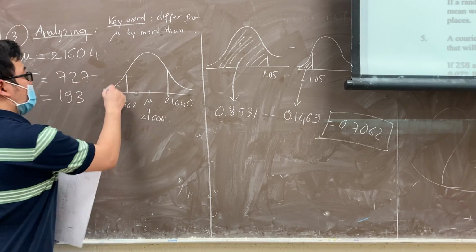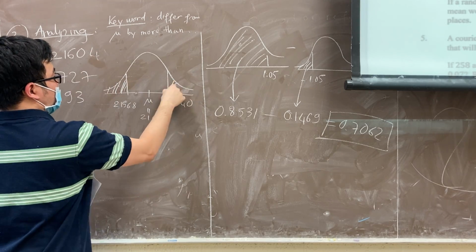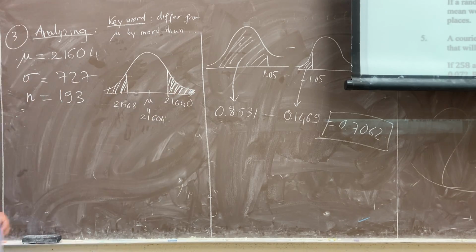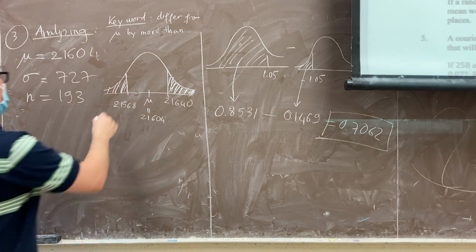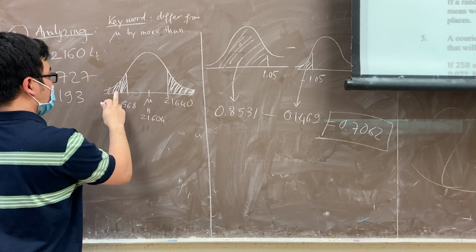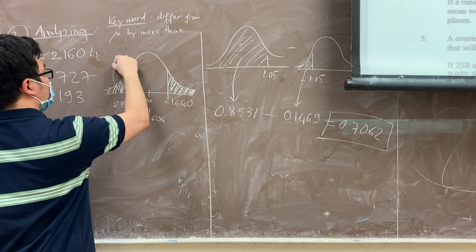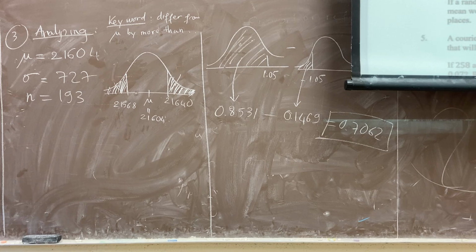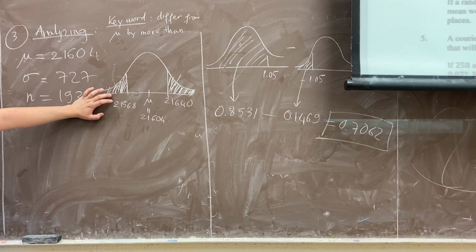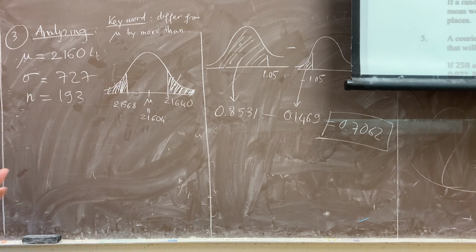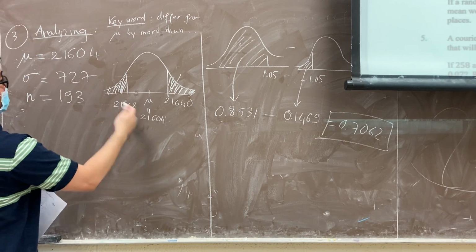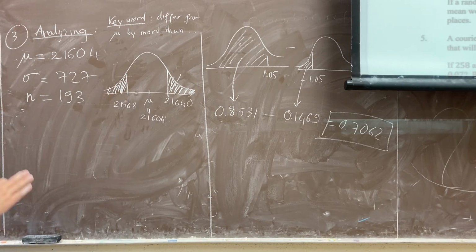That means they want to find the areas of these regions. You know that the two regions are equal, so you only need to find the area of each region, and after that you double this area, so you can find the sum of the regions.